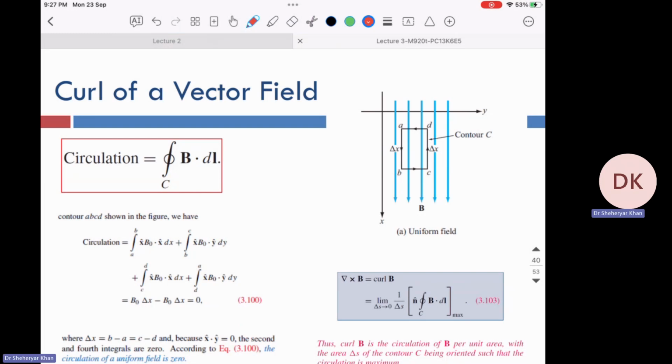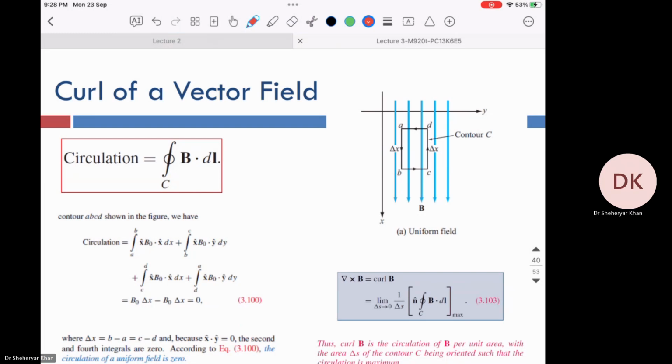What is uniform field? We have discussed this before. This diagram refers to which kind of device or phenomenon.